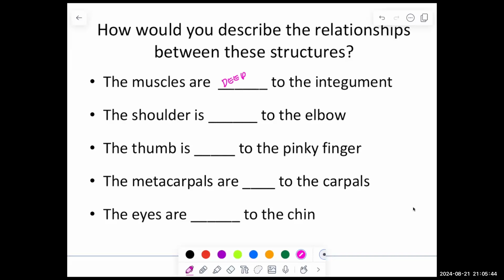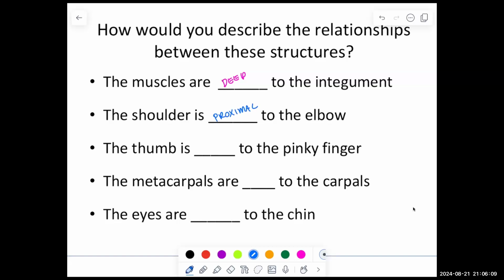What did you guys put? Proximal. The shoulder is closer to the body than the elbow is. Does that make sense? So it's relative to the two terms.